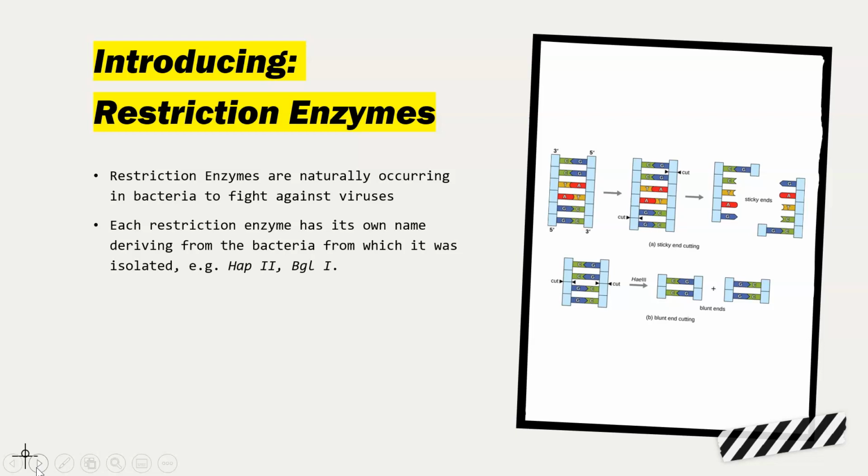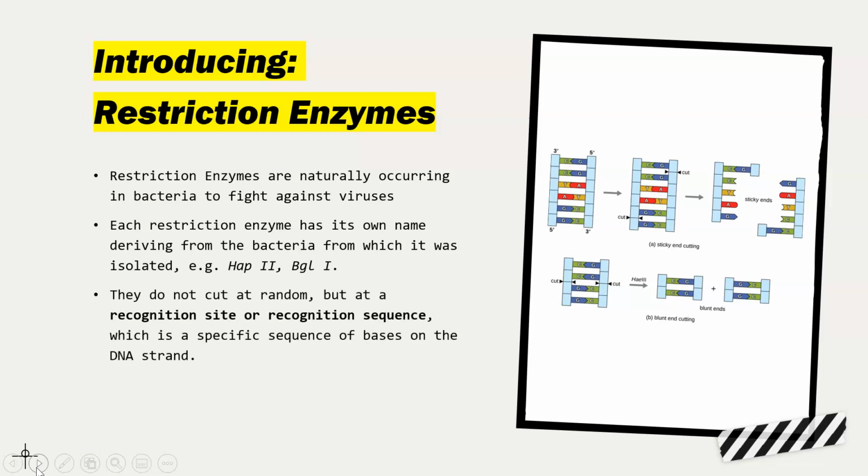So it could be a HaeIII, a BglI, it just depends where it's come from. They do not cut at random, but at a recognition site or a recognition sequence. So it's a specific sequence of bases on the DNA strand for them.